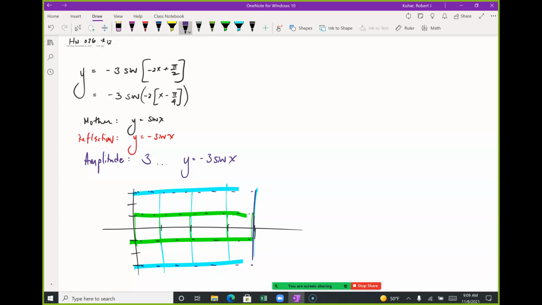So the mother in black for sine is 0 to 1 to 0 to negative 1 to 0. So there's the mother function y equals sine of x. The reflection just takes all of the positives and makes them negative, or all of the negatives and makes them positive. So there's y equals minus sine of x.